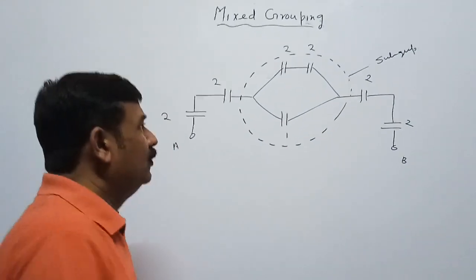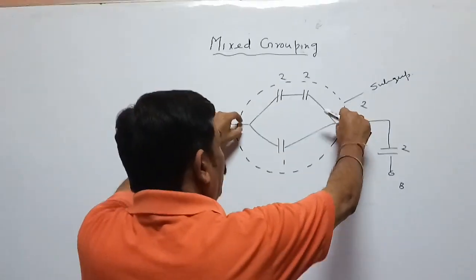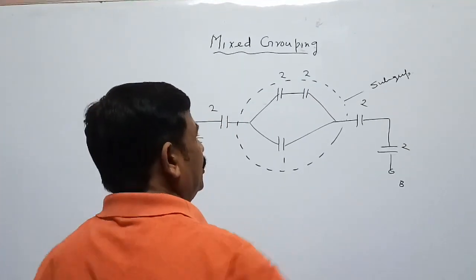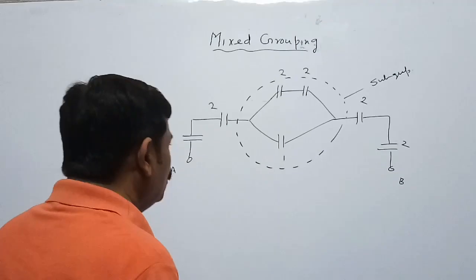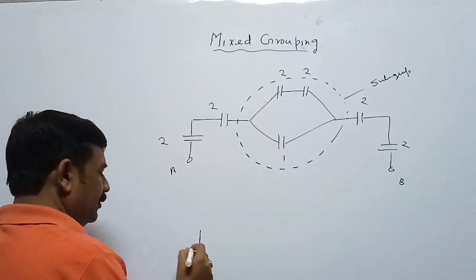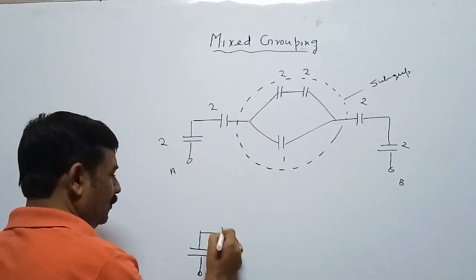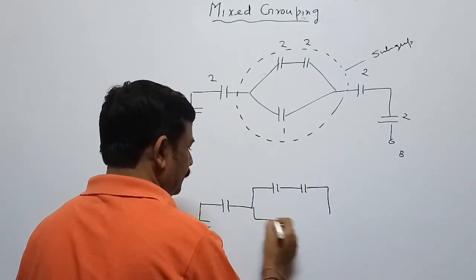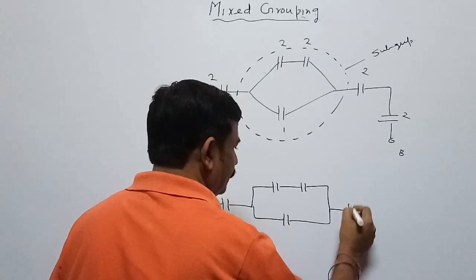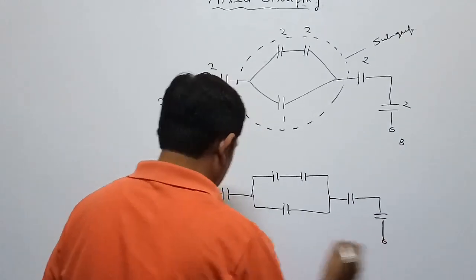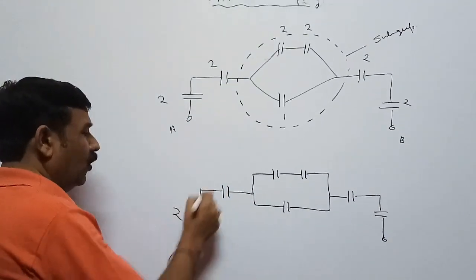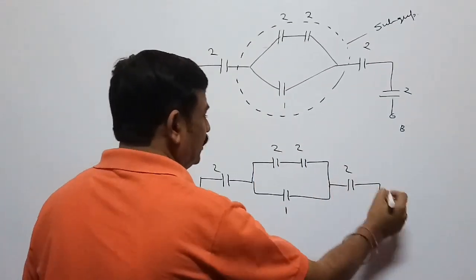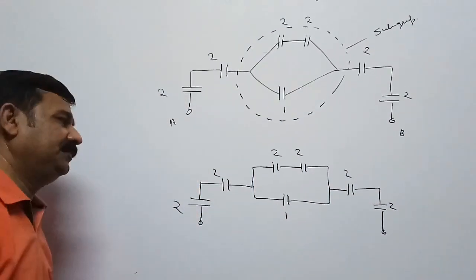So what we do, we hold both the points virtually in our hands and stretch them in opposite directions. When we do so, this figure converts as in this situation. Now it's very easy to guess which capacitors in the subgroup are in series and which are in parallel.